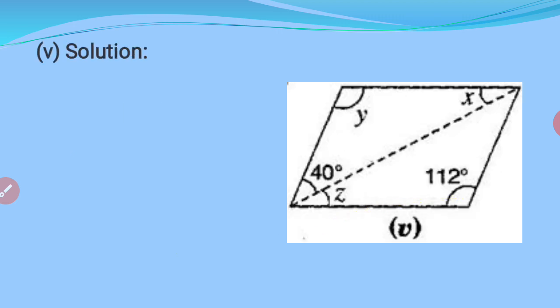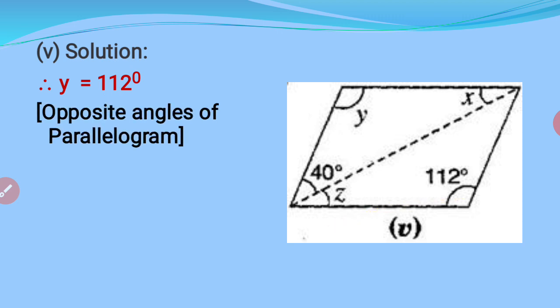Another example. Here you will see that two angles are given and we have to find out the other three. Let's begin with the easiest one, that is y equal to 112, because these two are opposite angles of the parallelogram and they are always equal. Regarding z, z plus 40 plus 112 is equal to 180.